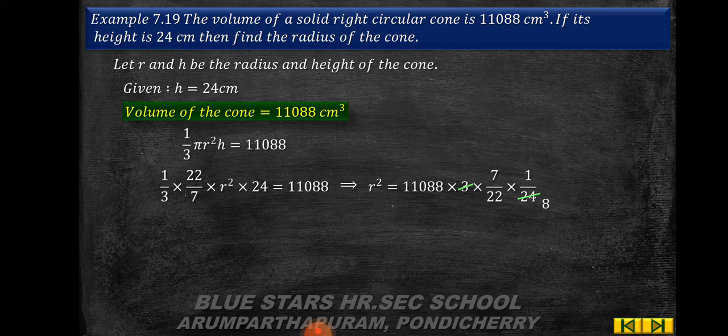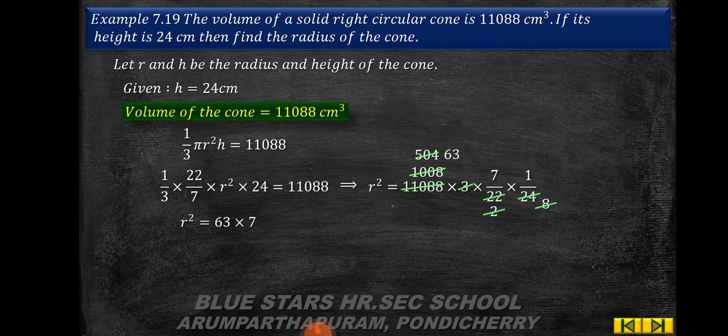So 3 and 24 get cancelled. It gives 8 times, and 11,088 gets cancelled. It gives 2 times and 1008. Again cancelling, you get 504. Then cancelling 8 and 504, you get 63 times.